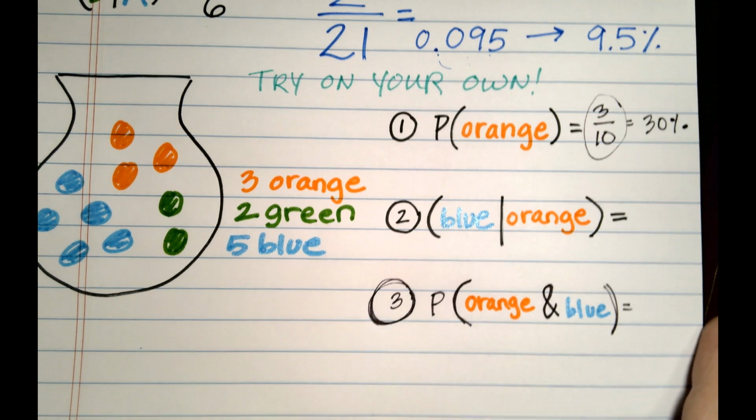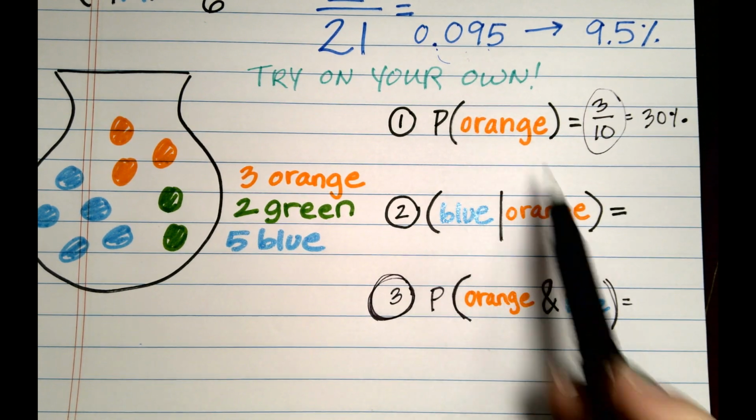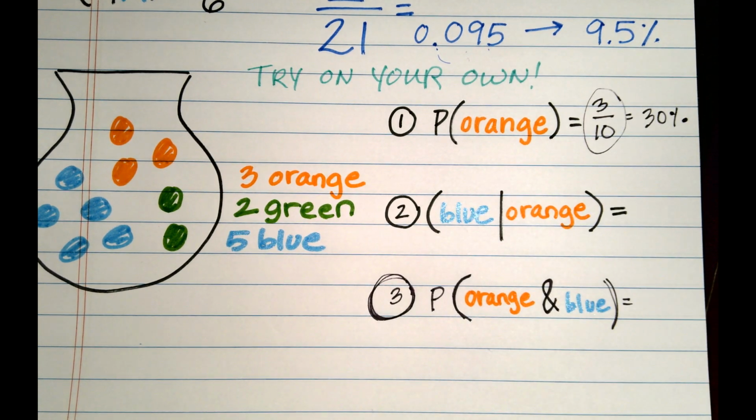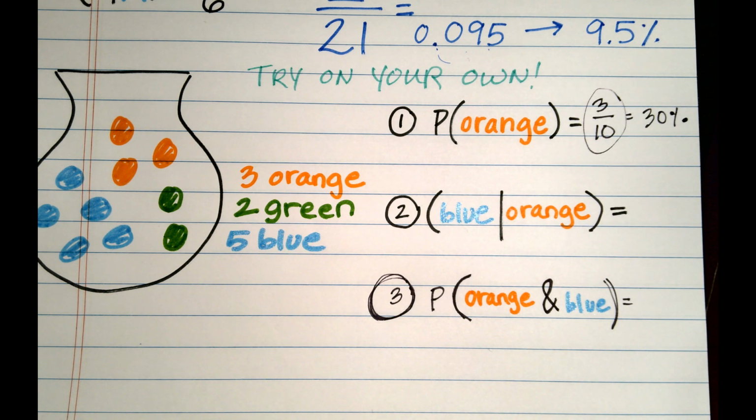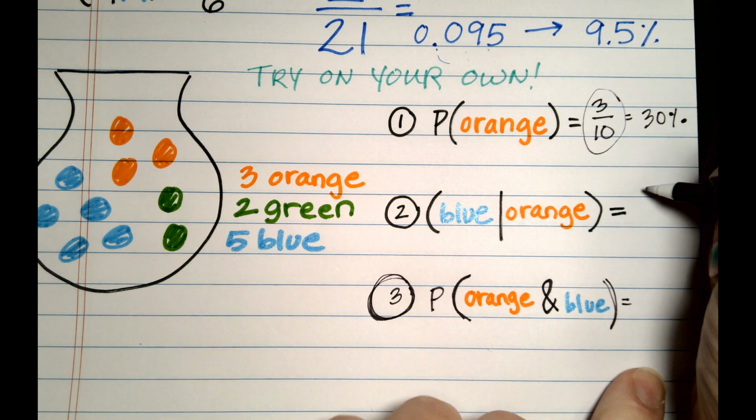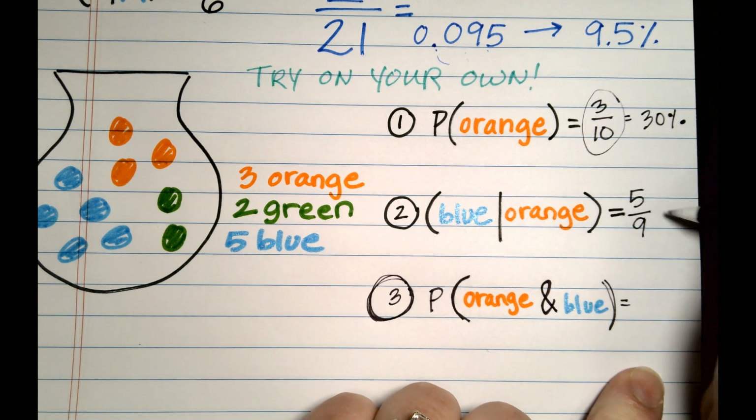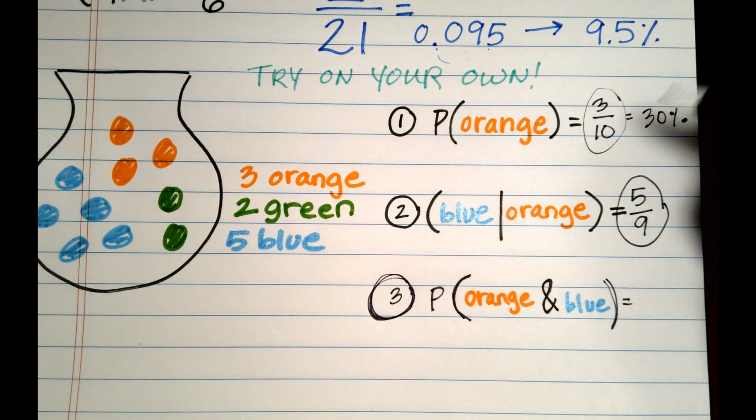Okay. So now, given the fact that we drew an orange one already, the orange is gone, we took 1 marble out. What is now the probability of drawing a blue marble? You put it back or give it out? We kept it out. We didn't put it back. 5 out of 9. Perfect.